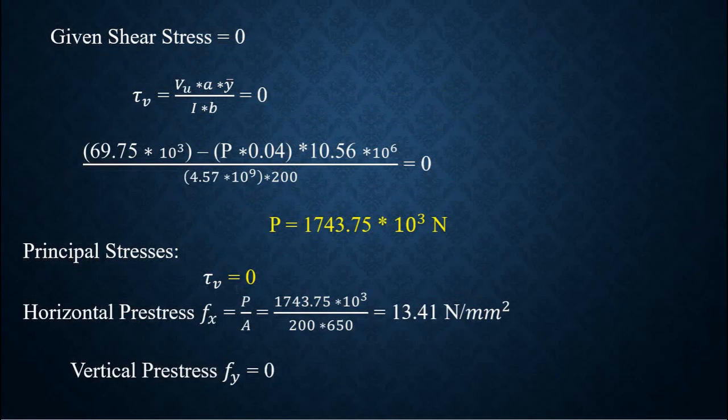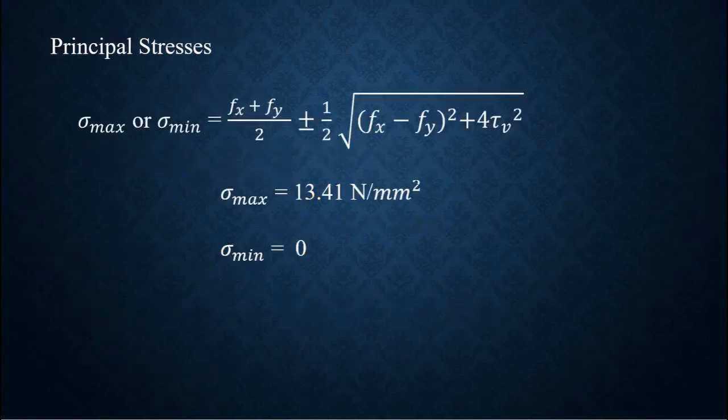In the question itself, 2V is 0. So this 4 into 2V square will be 0. This part won't be there. We know Fx, Fy is 0. So substitute the values, you will get sigma max as 13.41 Newton per mm square and sigma minimum is 0.